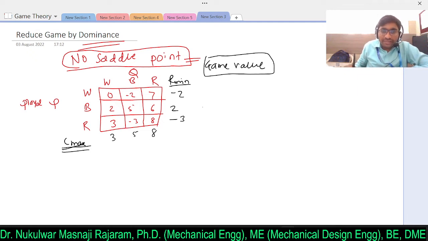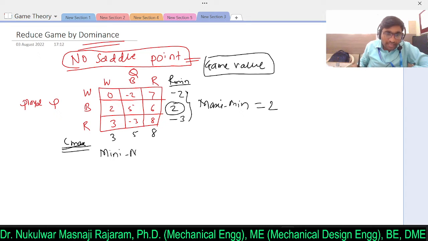After that we will see the maximin value. From these, what is the maximum value? The maximum value is 2. Now we need to evaluate the minimax value, so the minimum value from the column maxima, that is 3.